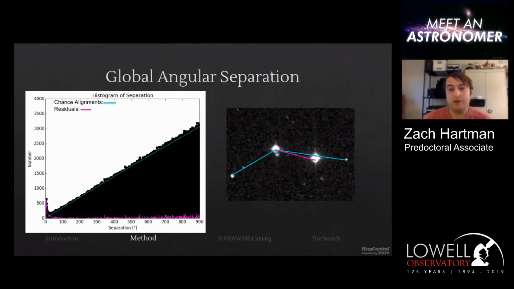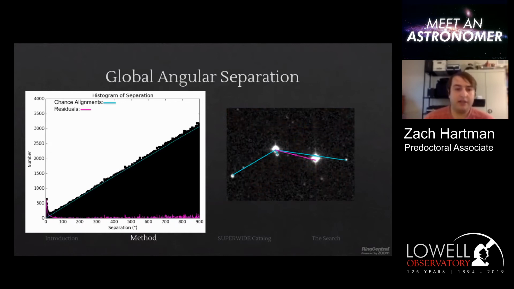If we go through our catalog and match the stars that could possibly be matched to each other, we get a plot that looks like the plot on the left. In the lower left, you can see a small peak that represents the population of real pairs in our sample.